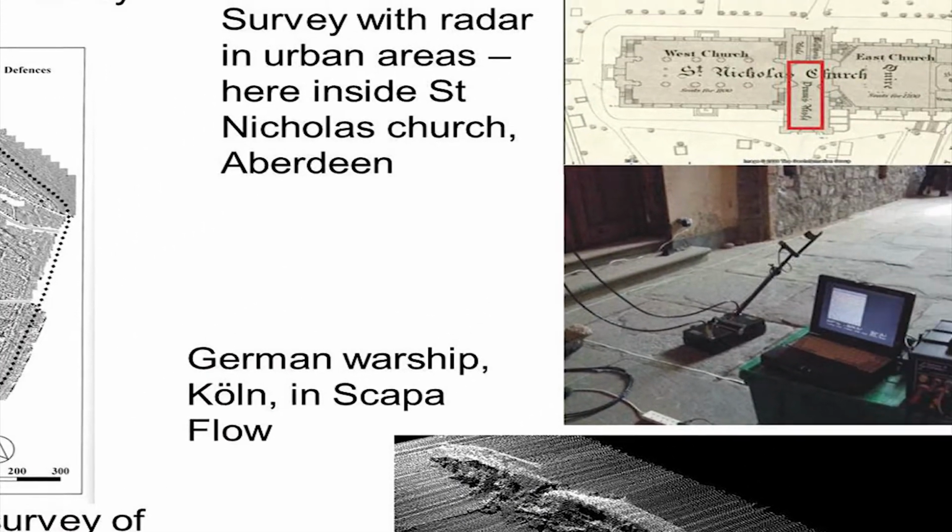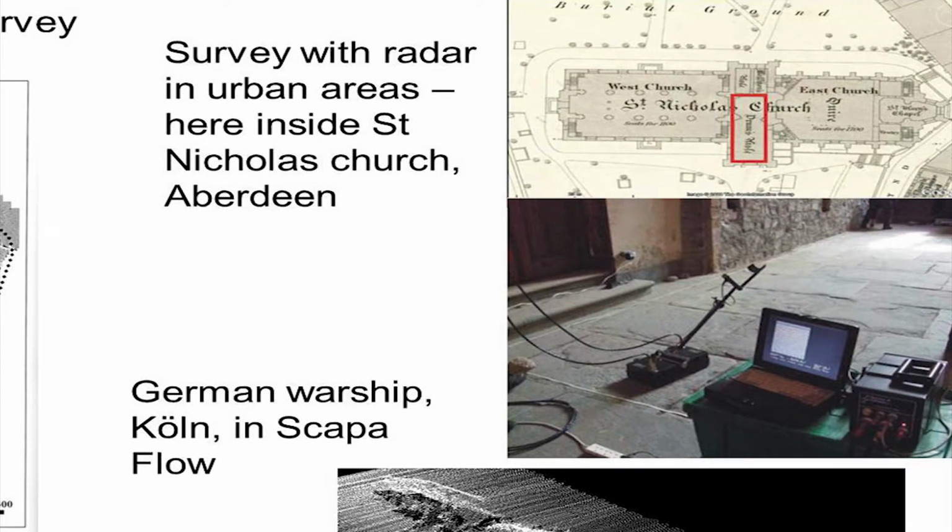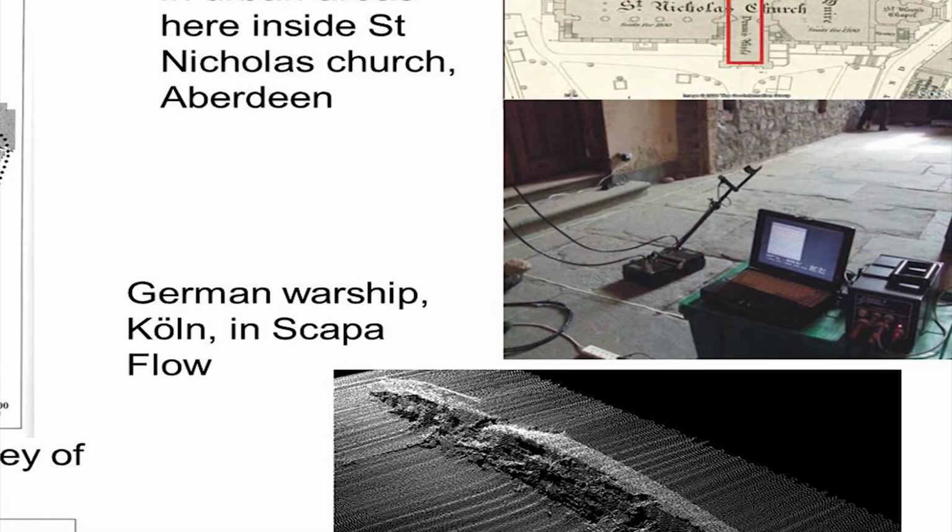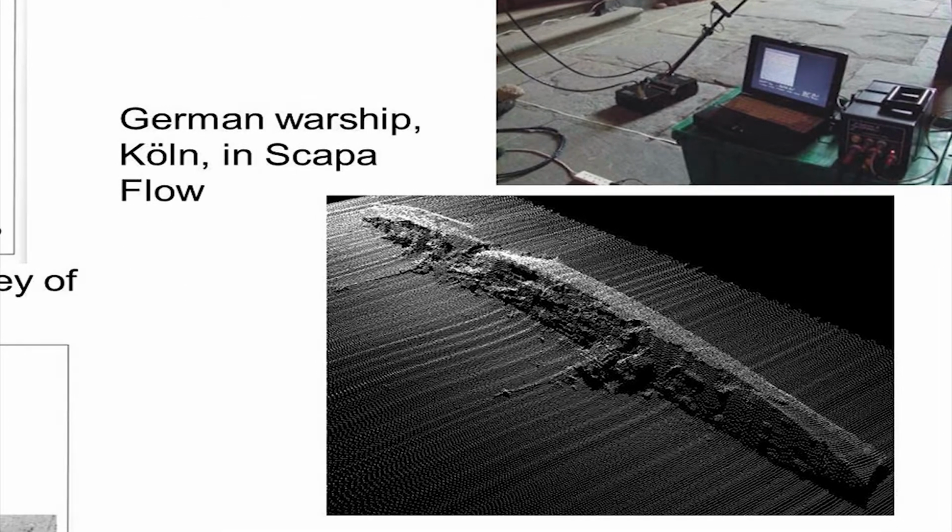Top right, an example of the use of radar, which I'll mention in a moment. The point here is being able to survey within a building, within an urban area: an example of radar survey inside St Nicholas Church in Aberdeen. And then scan sonar survey on a large scale, bottom right, Scapa Flow in Orkney, and a visualization of the German warship there.